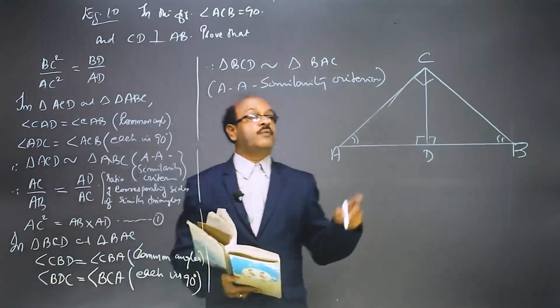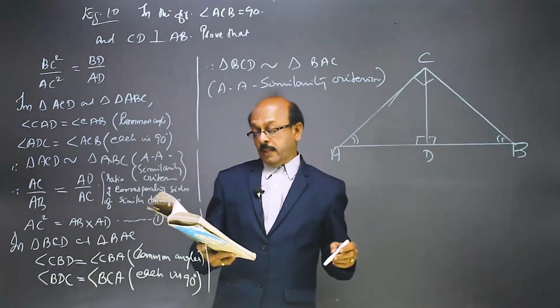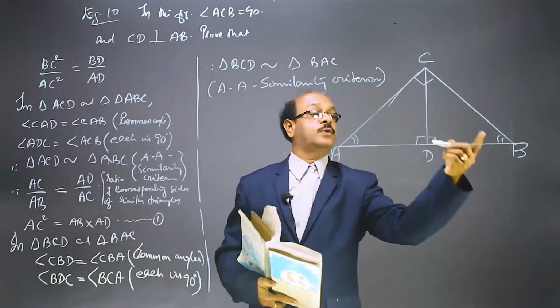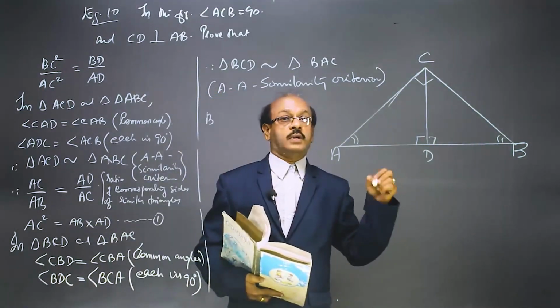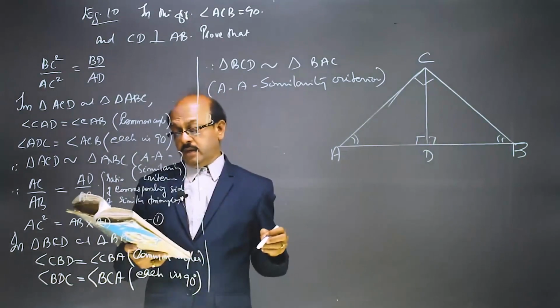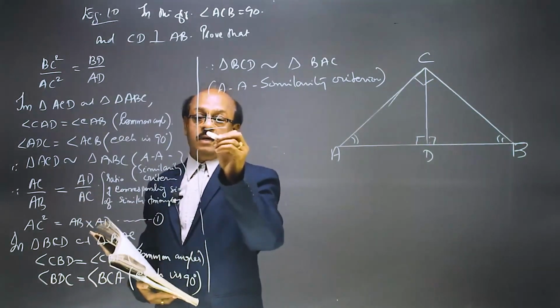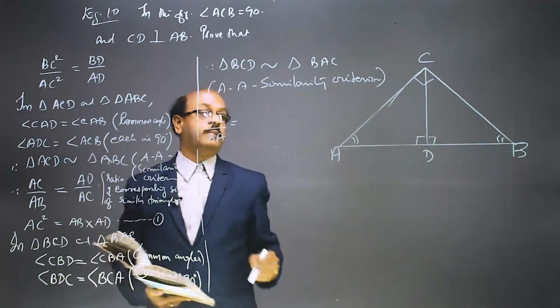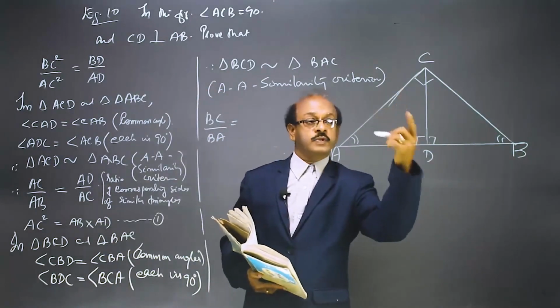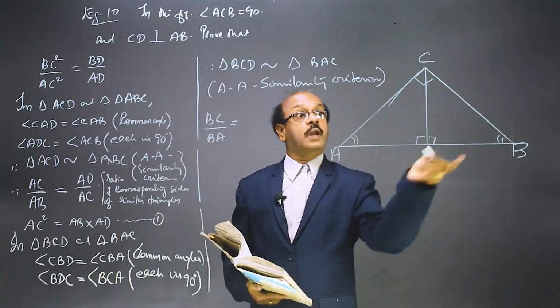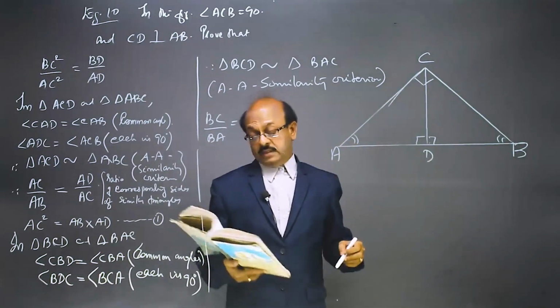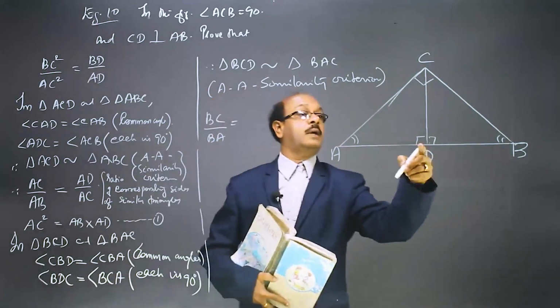Here also, we are getting another relation, BC square, the hypotenuse of the smaller triangle. For that, we write the ratios: BC divided by BA is equal to BD by BC. BC is the hypotenuse of the smaller triangle BDC, and the corresponding hypotenuse of the larger triangle is BA.